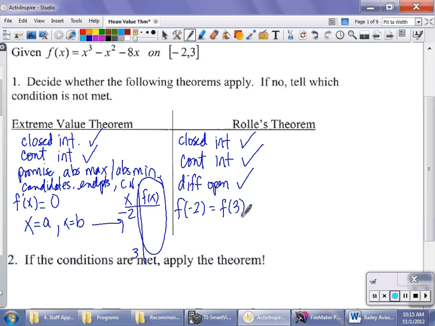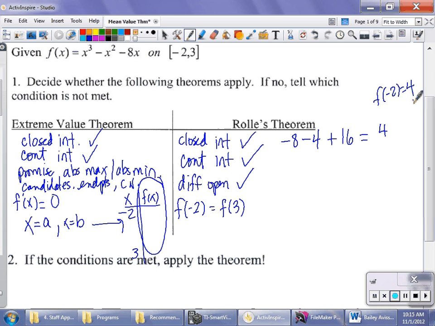So if I substitute negative 2 in place of x, I will end up with negative 8. Substituting negative 2, negative 2 squared is 4, so minus 4, and negative 2 times negative 8 is positive 16. Hoping I did my arithmetic correct there. So negative 8, negative 4 is negative 12, plus 16 is 4. So that's going to be f of negative 2.